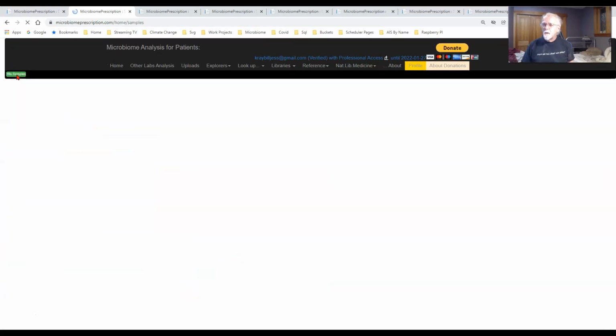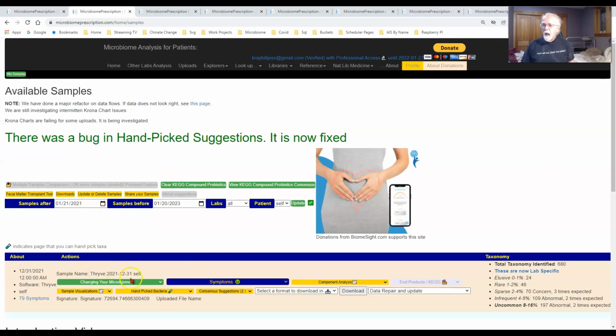We go back to our samples, and you would see something, this thing. This is consensus suggestion, which I will come to at the very end. It means we have done two sets of suggestions, and we have them being stored, so we can aggregate them and figure out, taking in every approach, what are the best things to do.